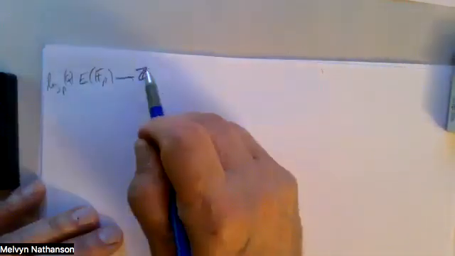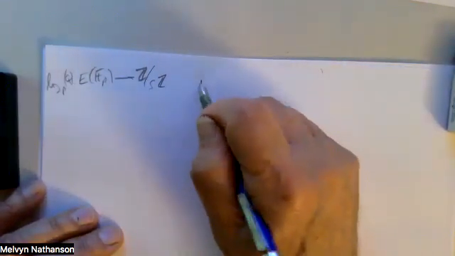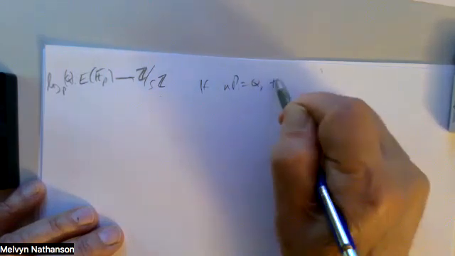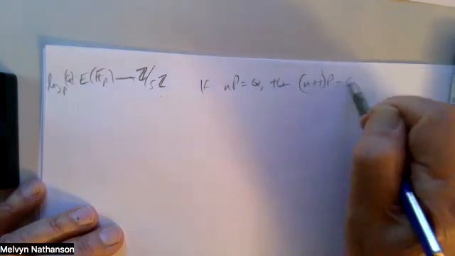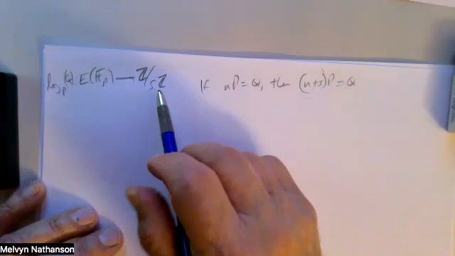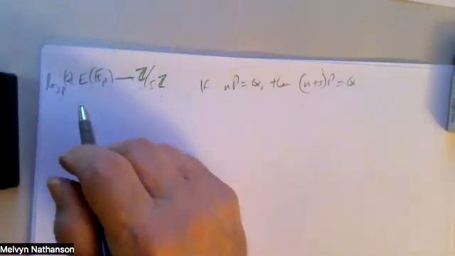It's really a map into the integers mod S, because if NP equals Q, then (N plus S)P equals Q. So you really want to think of N as a congruence class mod S. And when you do that, everything falls very nicely in place.